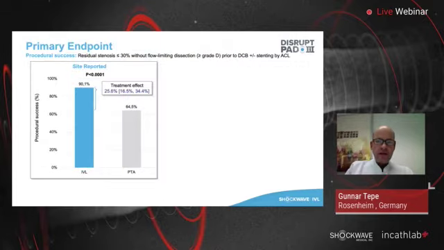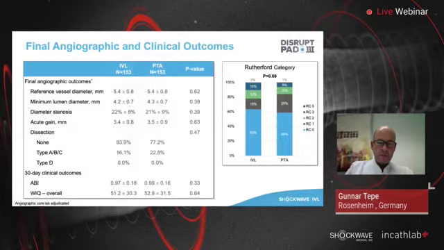Over here we see procedural success, and the procedural success was both site-reported and core-lab adjudicated, and both have shown a significantly better result. In IVL, we see 90% versus 64.5% in PTA. Next slide, please. So this was also a success.